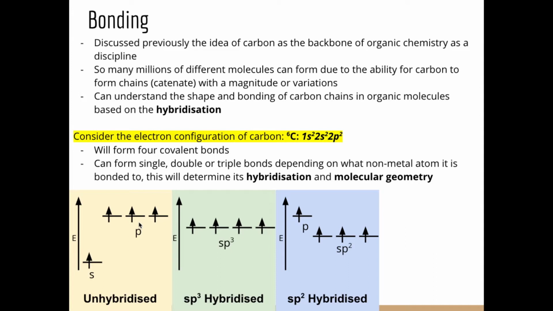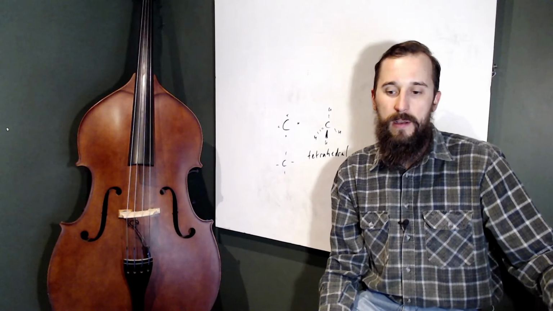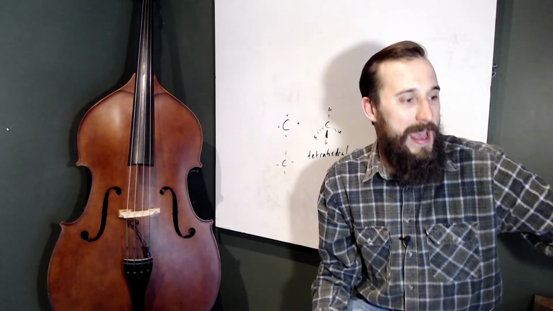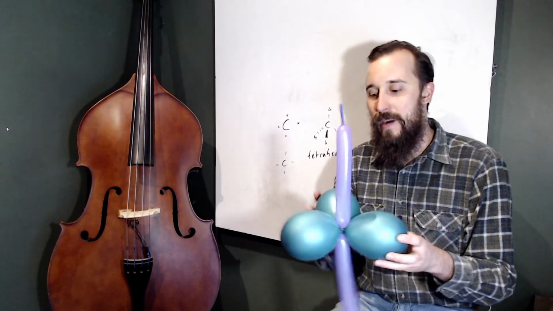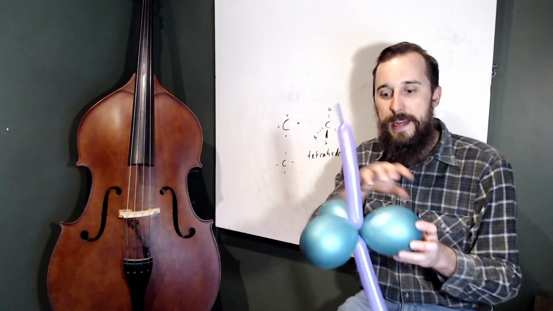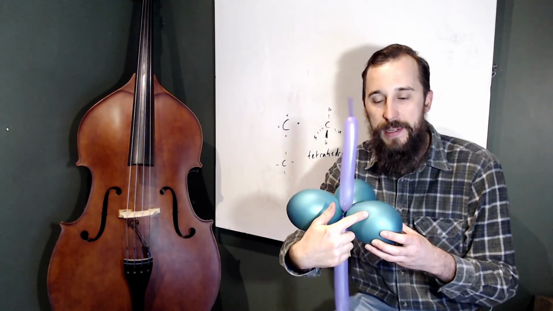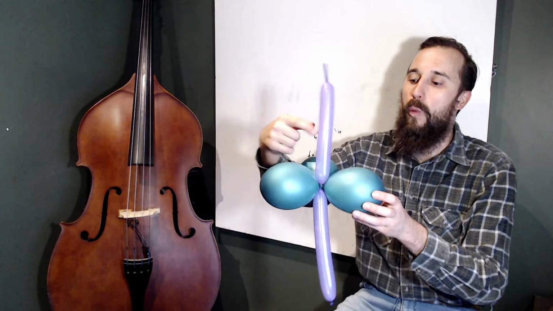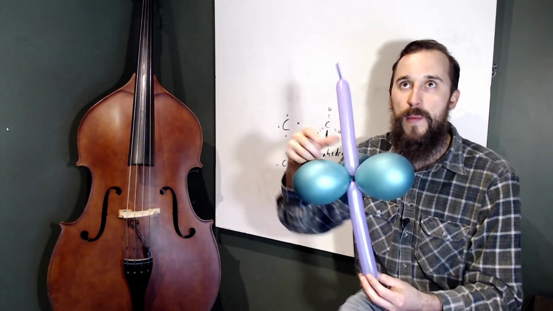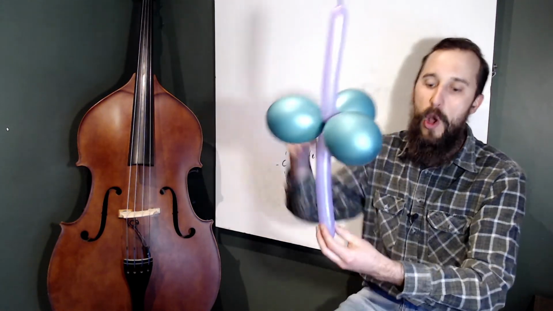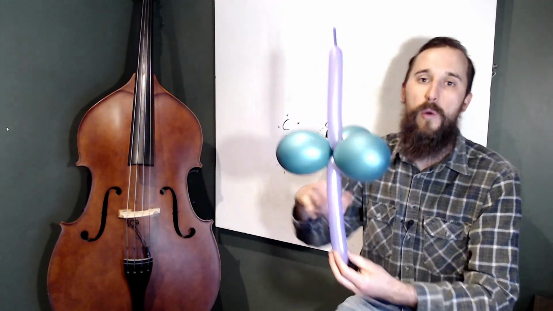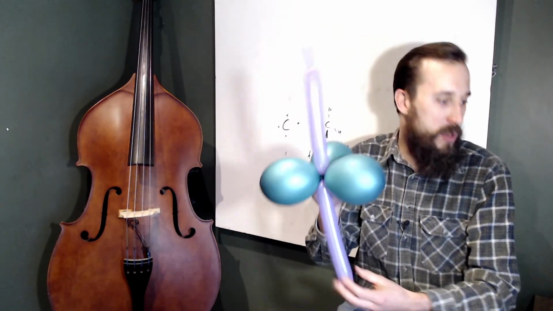Now we can model this by showing it on balloon models, where we will have this one here. So we form our three equivalent sp2 hybrids, and then we have our one unhybridized p orbital. So remember, our p orbitals have that dumbbell shape, two lobes for a p orbital. So this purple balloon there represents the two lobes of the one unhybridized p orbital.